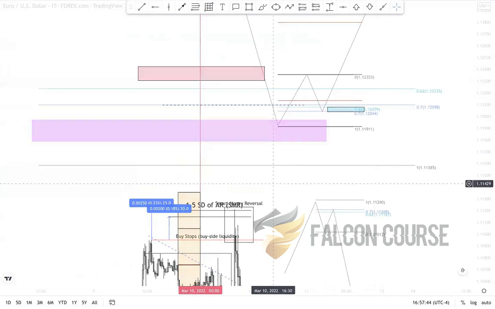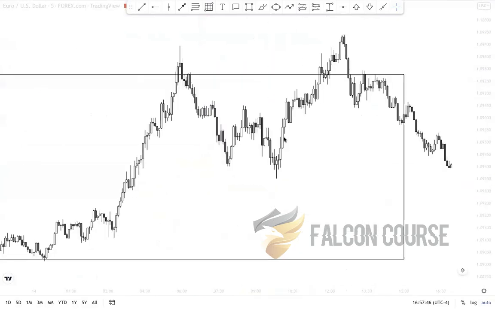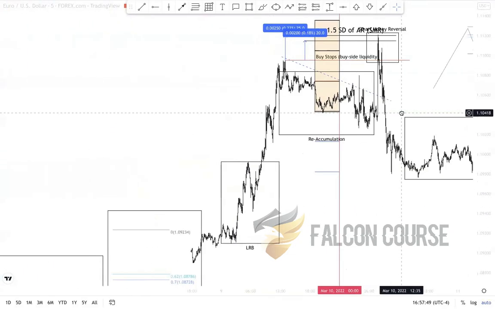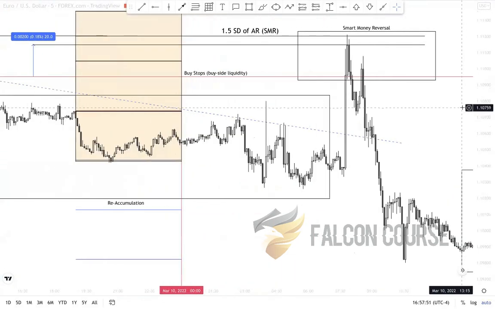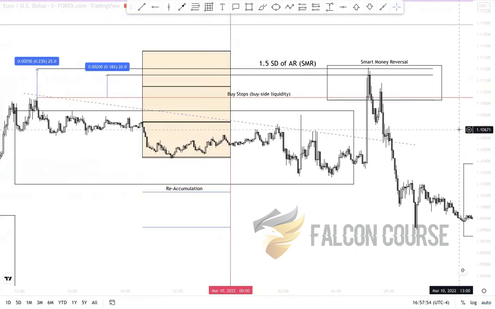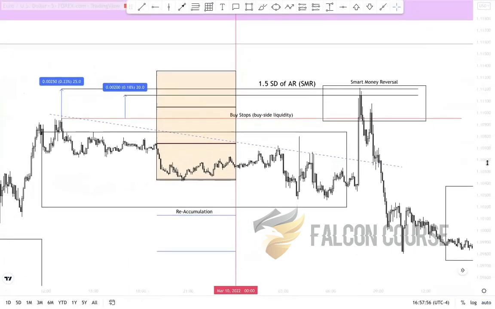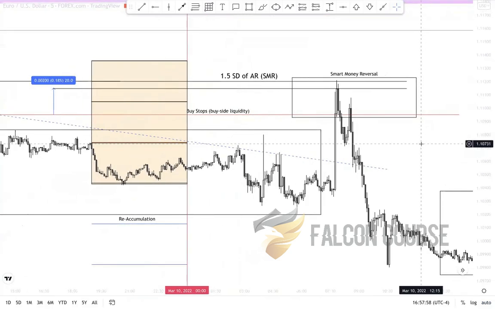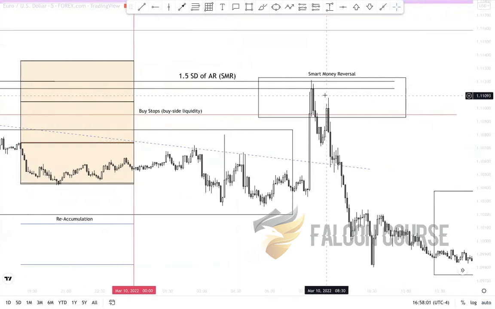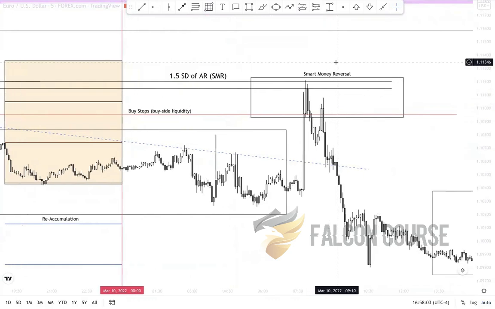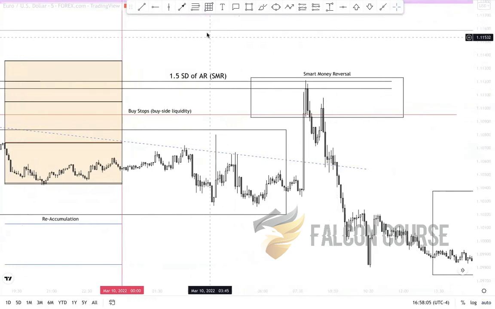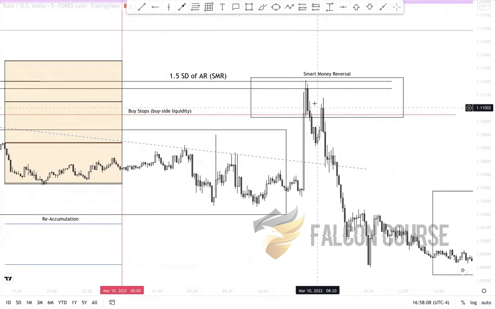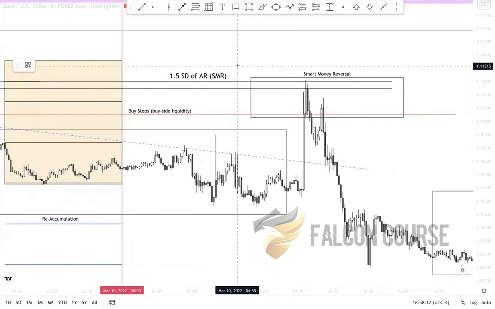Let's go to the 5-minute. So now we are on the 5-minute time frame, and at this point, let's mark up a couple of things before I show you guys this entry. If anybody remembers the kill zones, we had what?